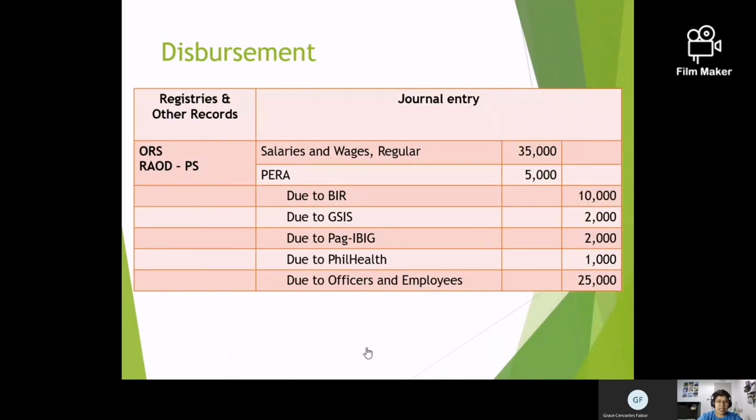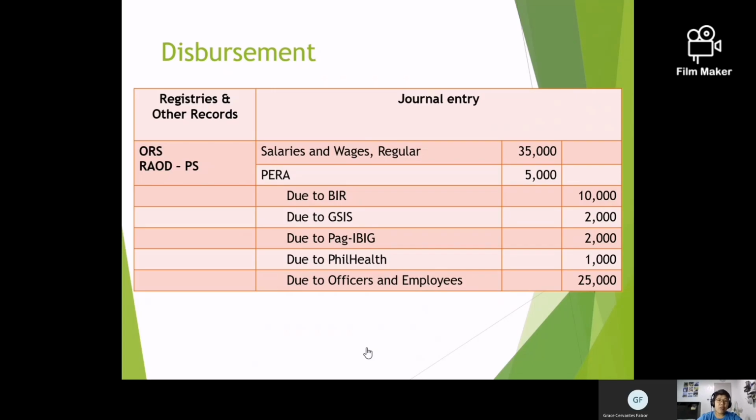Debit, salaries and wages regular, credit, debit pera. So wag mong kakalimutan itong mga entries na to ha. I don't like to mix up the account titles. Kung ano yung account titles na yan, kasi very specific sa government. Meron tayong revised chart of accounts. So, kung ano yung nakalagay dyan na account title, yun po ang ginagamit sa government.